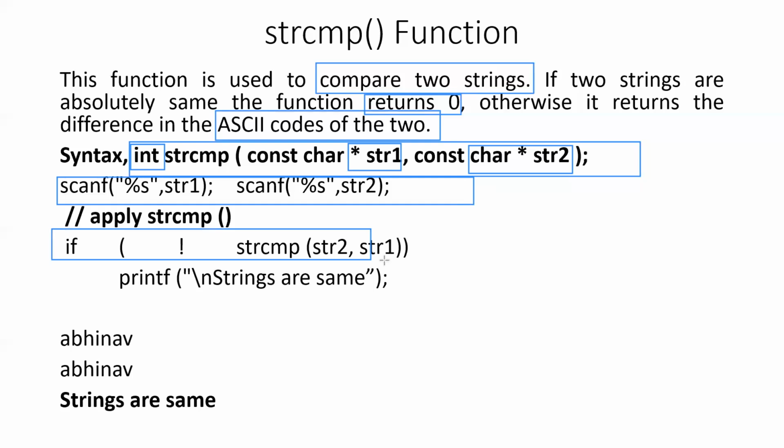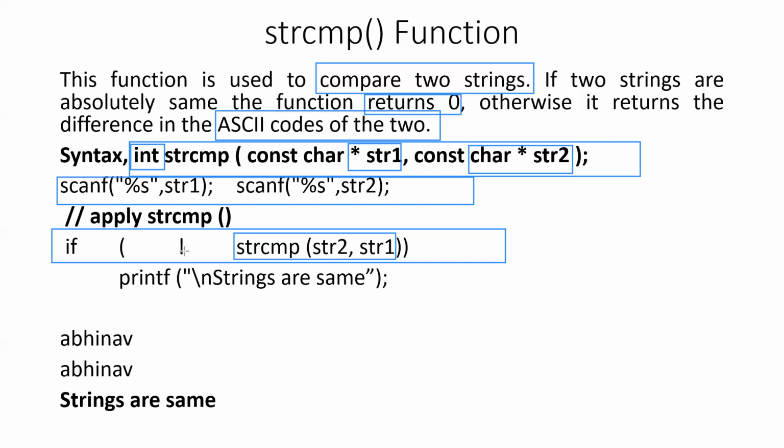Now this is a very important statement in this program. An if statement has been used, and what we have written inside the condition part of the if statement is not strcmp of str2 comma str1. So we are basically calling the string compare function. If the two strings are the same, then the value returned will be 0.